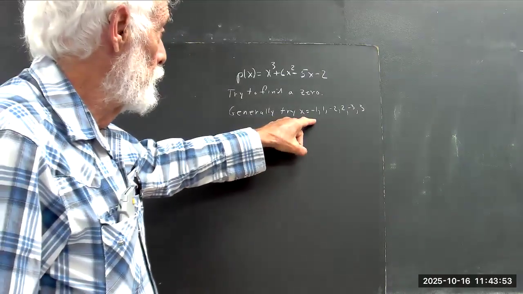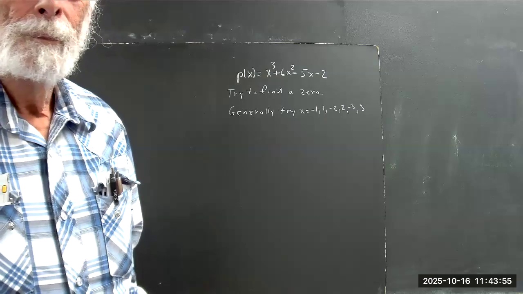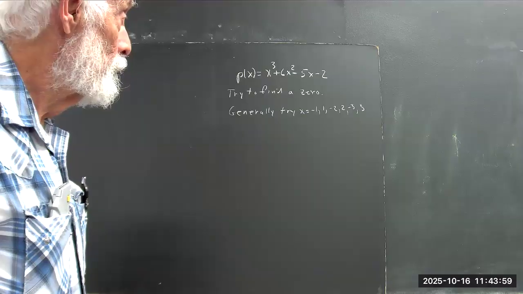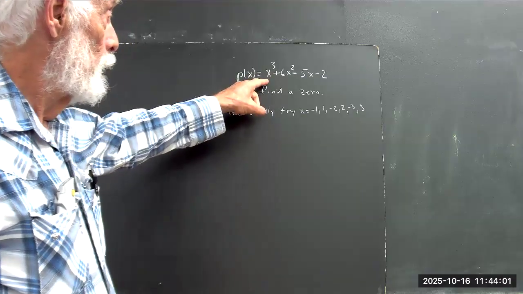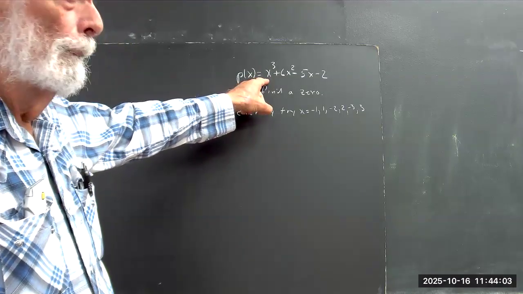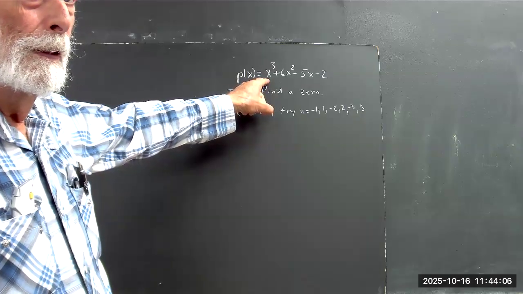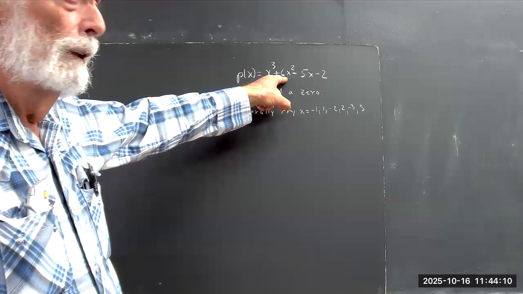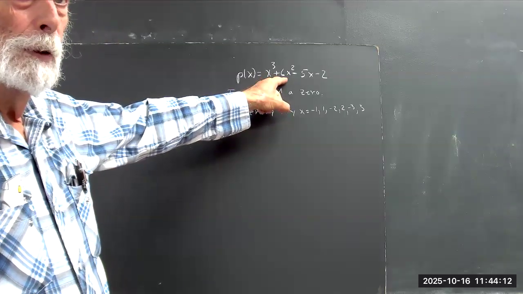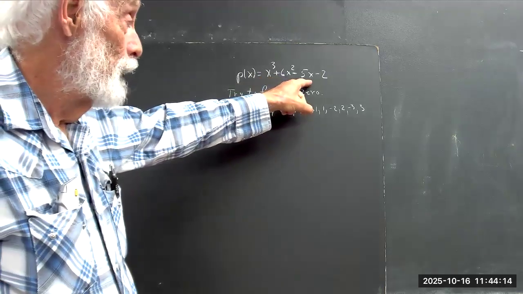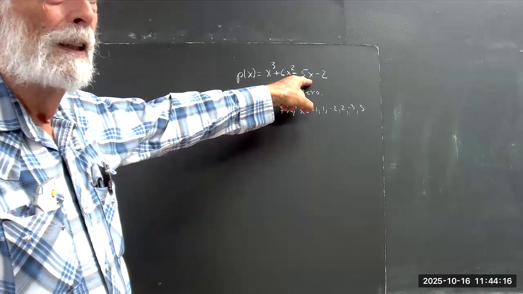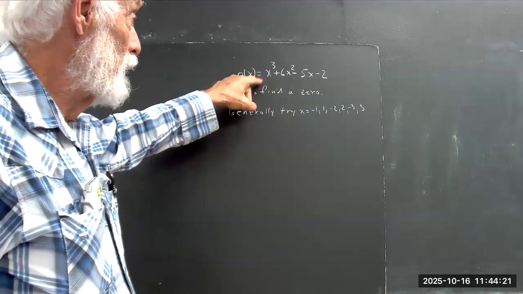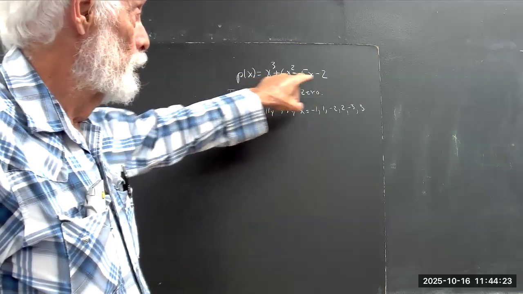If you plug in -1, do you get 0? Well, you're going to get a -1 there, but your 6x squared is going to be 6 because -1 squared is 1. And -5 times -1 is 5. 6 and 5 makes 11. You got -1 and -2 for the first and third.